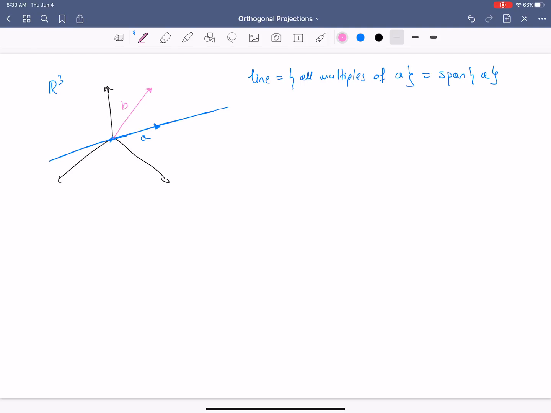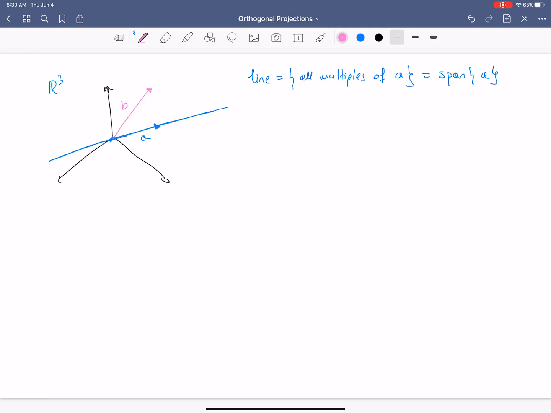I'm interested in the orthogonal projection of B onto the line that contains A. So I'm not talking about the projection of B onto A. That doesn't make sense, a projection of one vector onto another vector. But what does make sense is the projection of B onto the line that contains A.